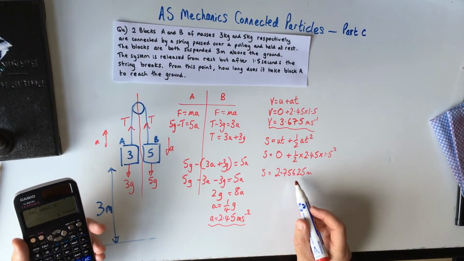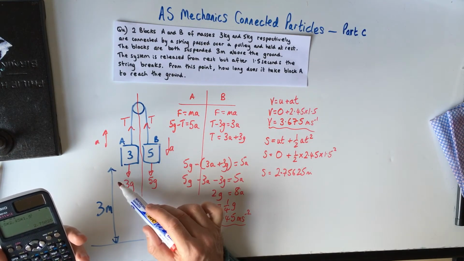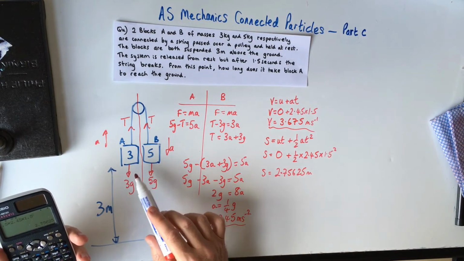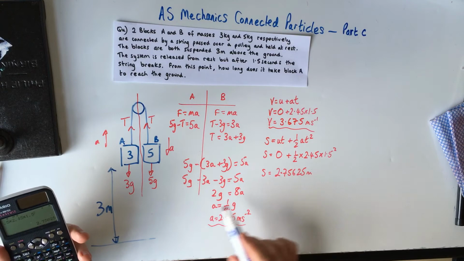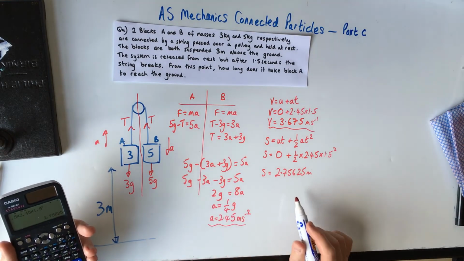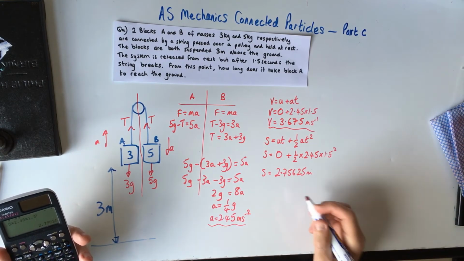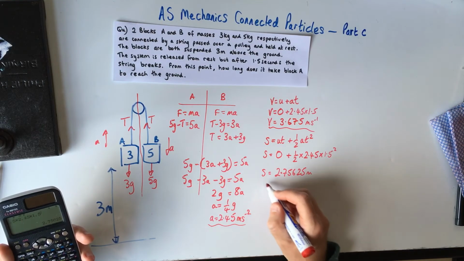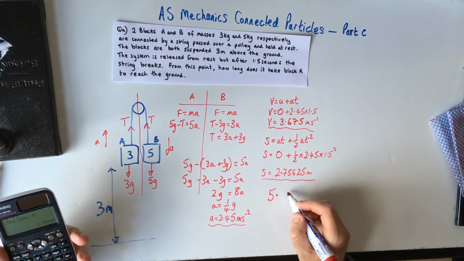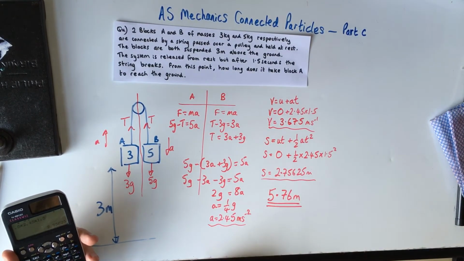Okay, and if we know now that it was already 3 meters above the ground, so after 1.5 seconds it's reached 3 meters and another 2.75625 meters. Okay, so now if we add that to the 3 meters, it is now 5.76 meters above the ground, isn't it?